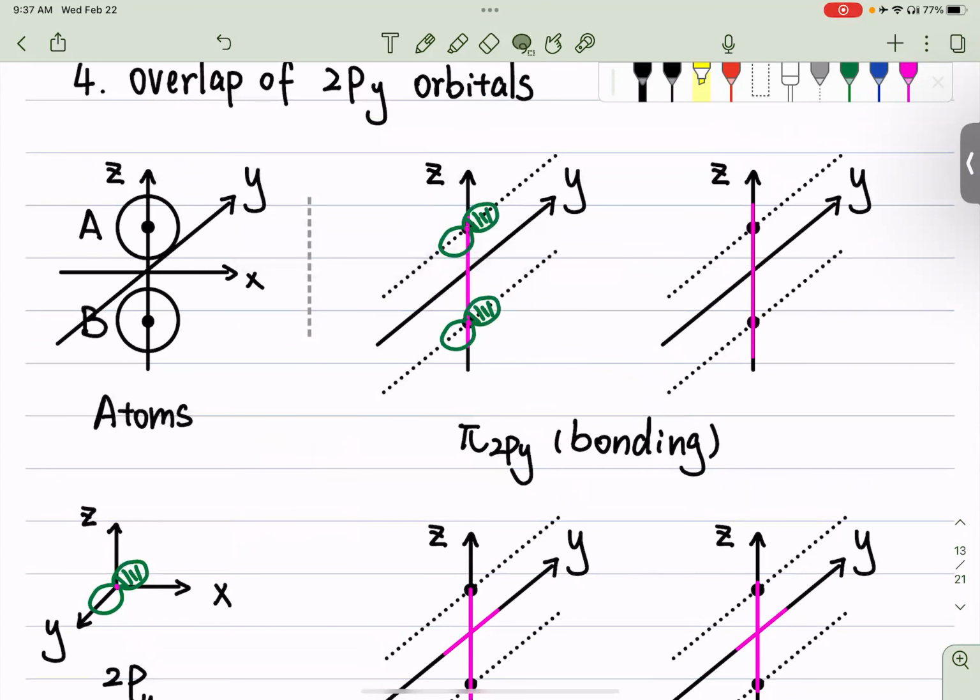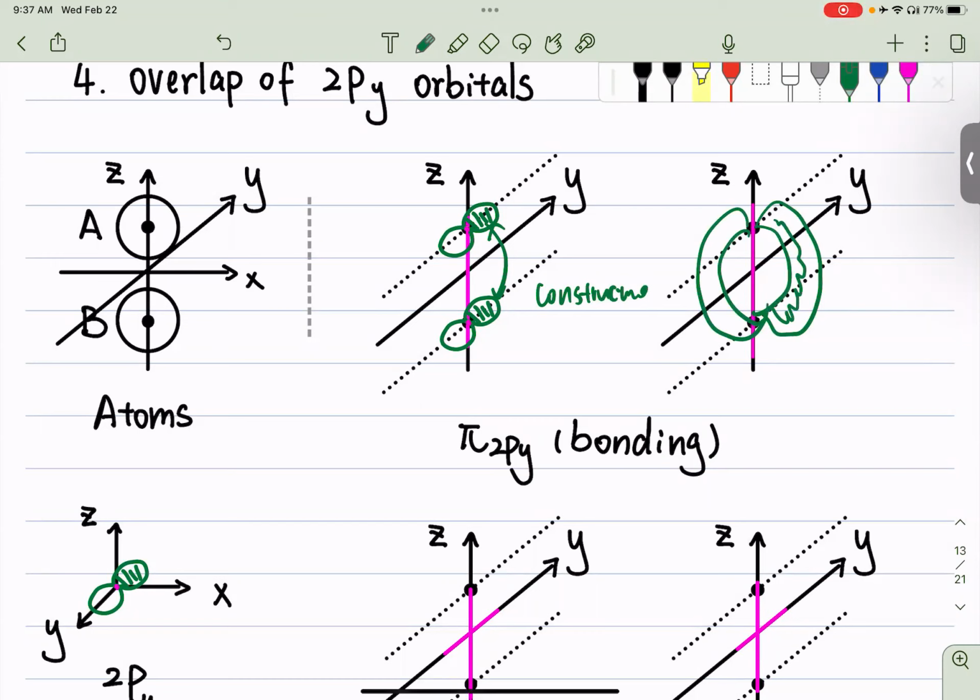So these are my bonding molecular orbitals. The phase matches up. This is constructive. Or it is the same as drawing a molecular orbital like this. And it is a bonding molecular orbital because of the electron density in between the atoms.